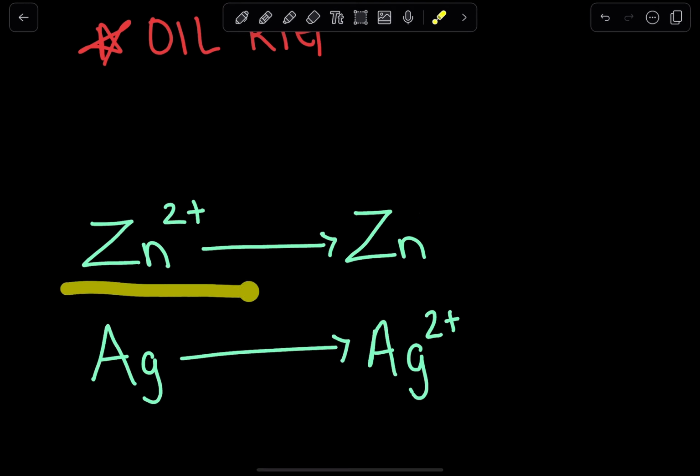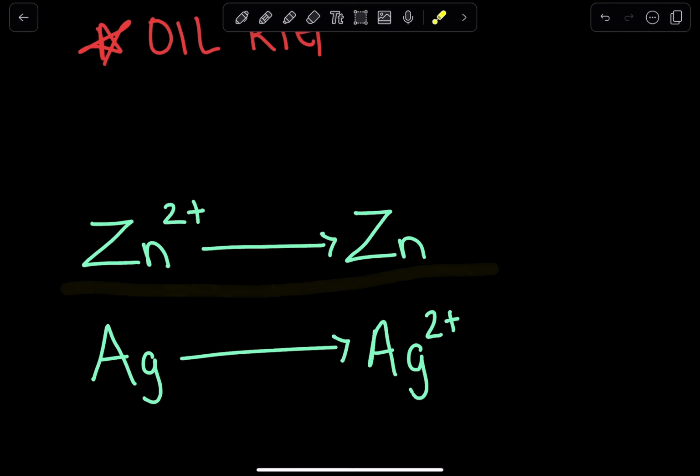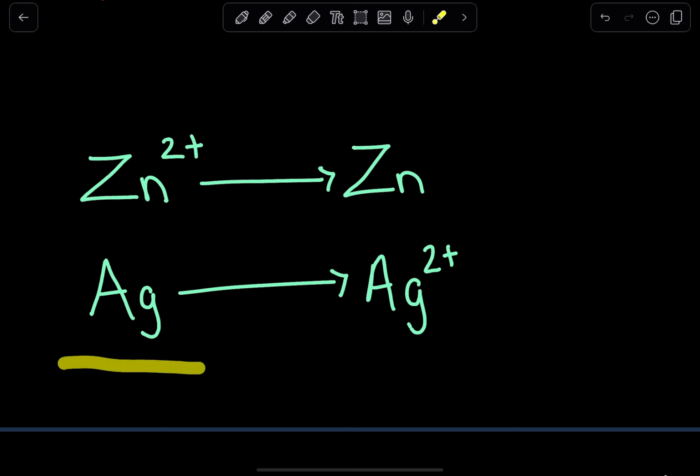So in this case, when zinc is gaining electrons, we say that it is being reduced. So zinc 2 plus is being reduced. But let's look at the silver over here. Now the silver, we start off with a charge of 0, but then we become 2 plus. So over here we can actually see that silver has lost electrons because it has become more positive.